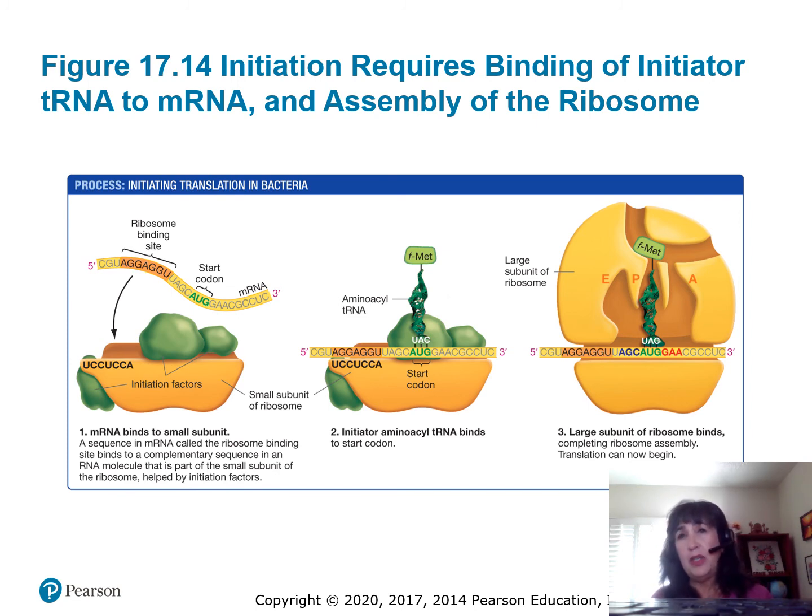There are additional molecules associated with methionine, which we will not get into in detail, but we see that little f, and that to me indicates that we're talking about bacteria. So we have our Shine-Dalgarno sequence. The start codon is in the P site, and now we put the large subunit onto the ribosome. So now we're ready for translation. This part is considered initiation.